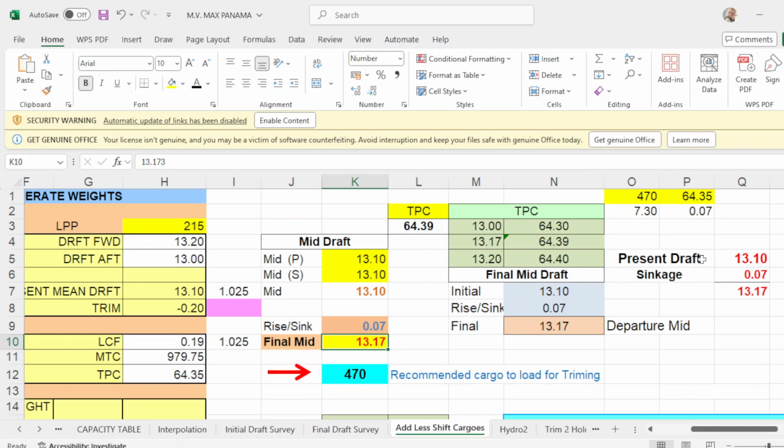So from your present main drop of 13.10, because of your sinkage, because you are putting this weight, you add your 0.07 with your mid drop, that will be 13.17. So when you put 13.17 here as your mid departure drop, okay?